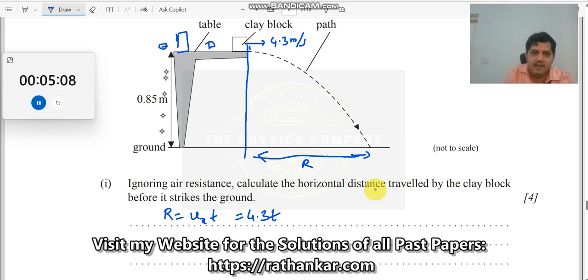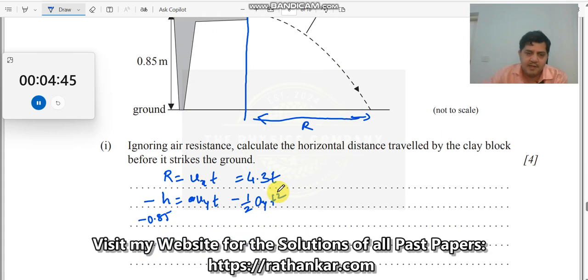You already have this height, right? So we can use the y equation here. It should be minus h equal to uy into t minus half ay into t square. I am applying equation of motion for the vertical y axis. In that case, what is minus h? Minus 0.85 is equal to uy, what is uy?